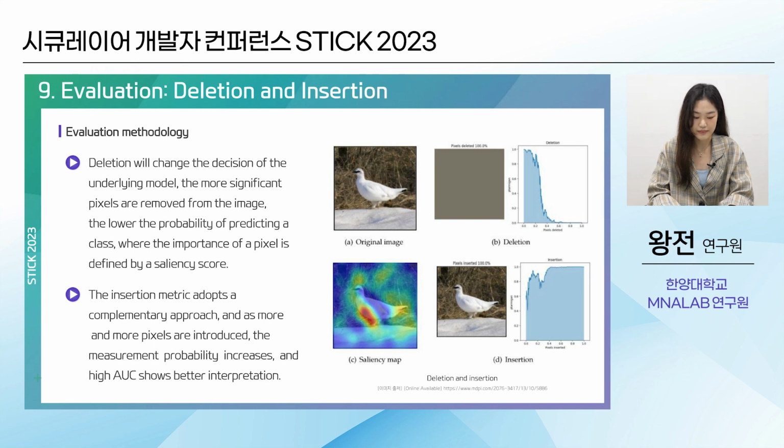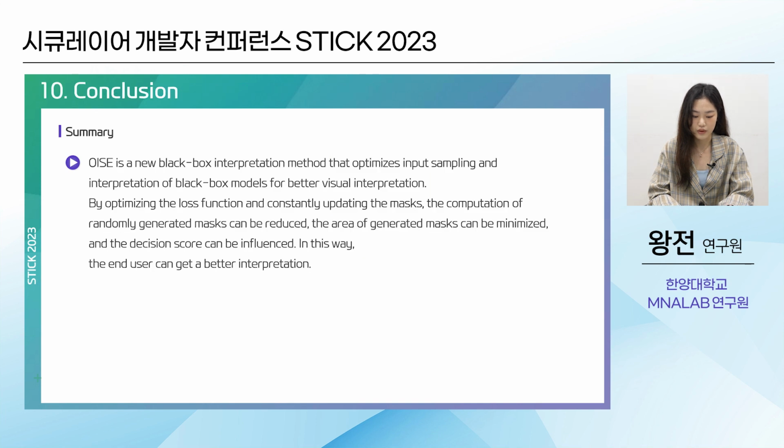So OISE is a new black box interpretation model for better visual interpretation. By optimizing the loss function and constantly updating the masks, the computation of randomly generated masks can be reduced, the area of generated masks can be minimized, and the decision score can be influenced.